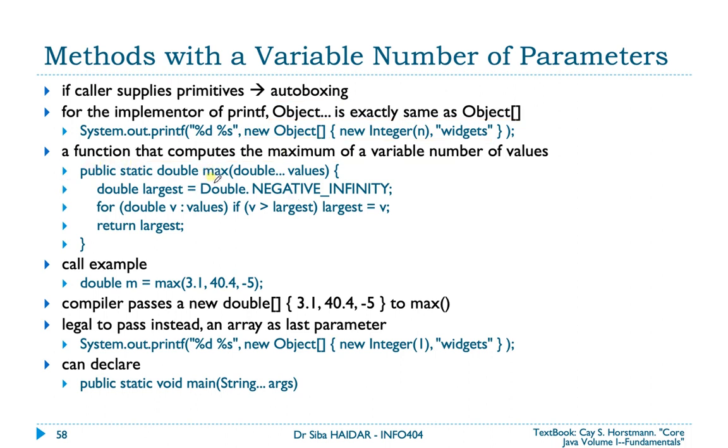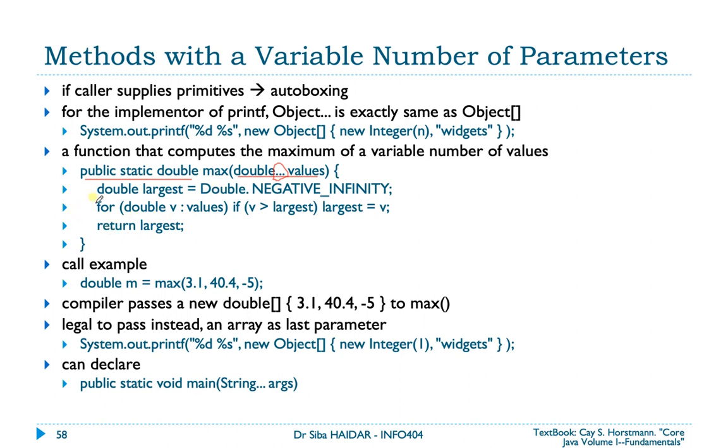You declare max as public static double, and it takes an arbitrary number of values. So you declare double..., the ellipsis, values. It's the same thing as if you had declared an array of double.